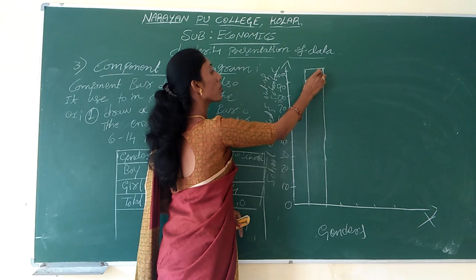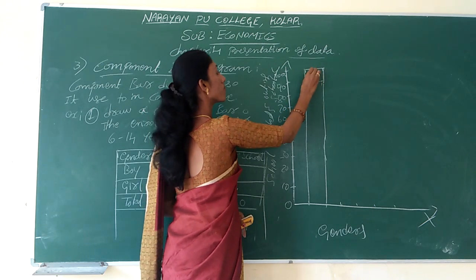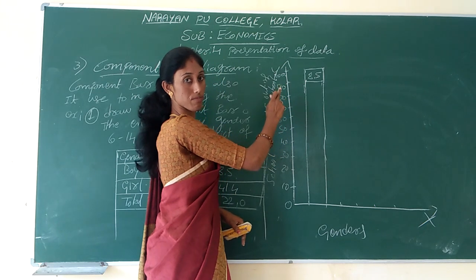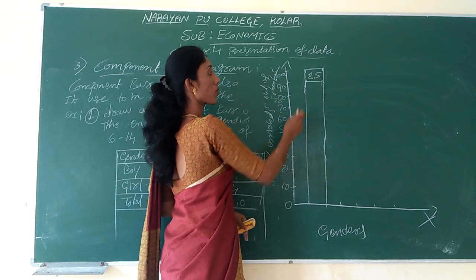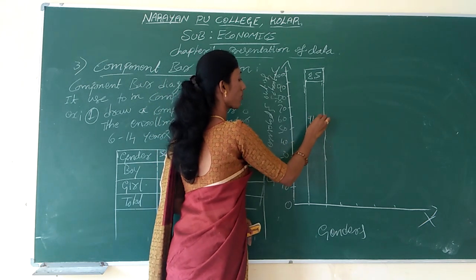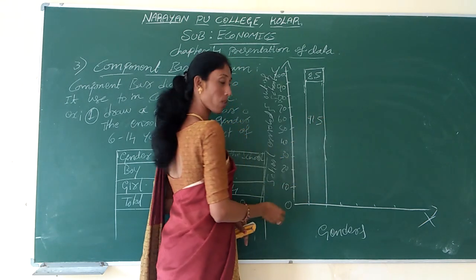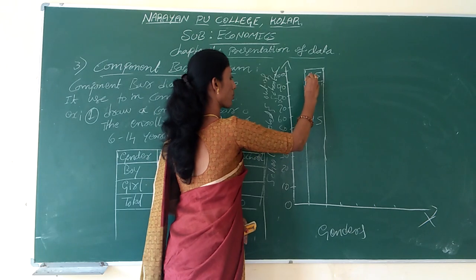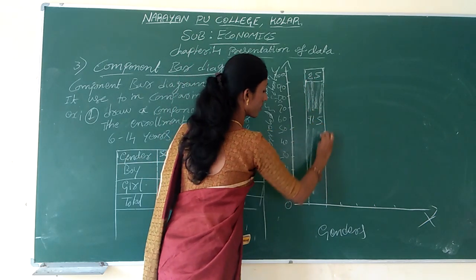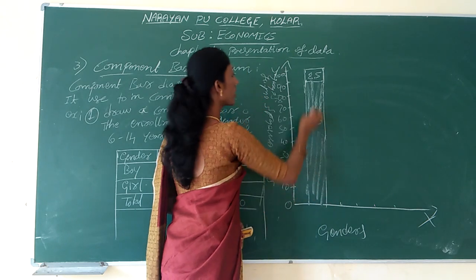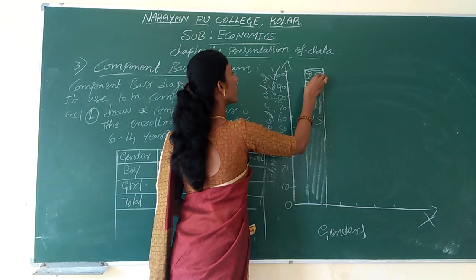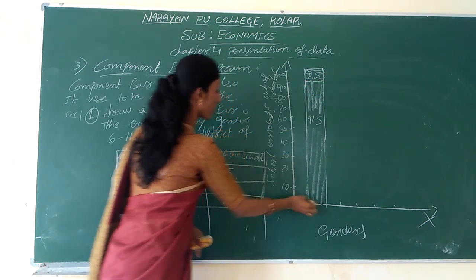This is the out-of-school share of boys, 8.5. The enrolled part is 91.5. If you want, you can give it different shades also. Make it dark, and this shade here.